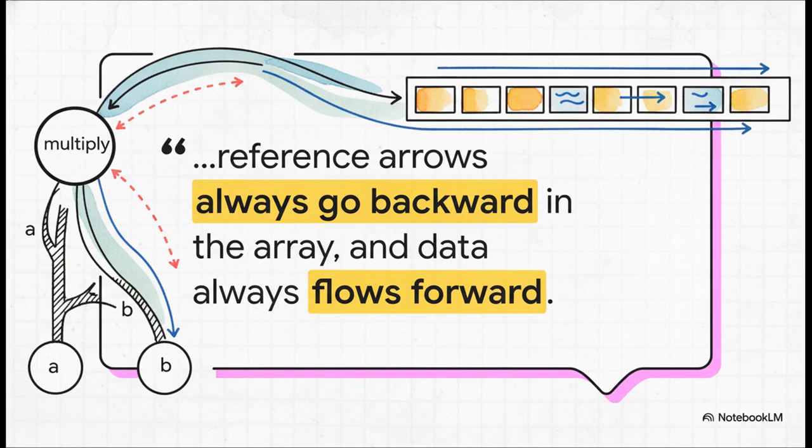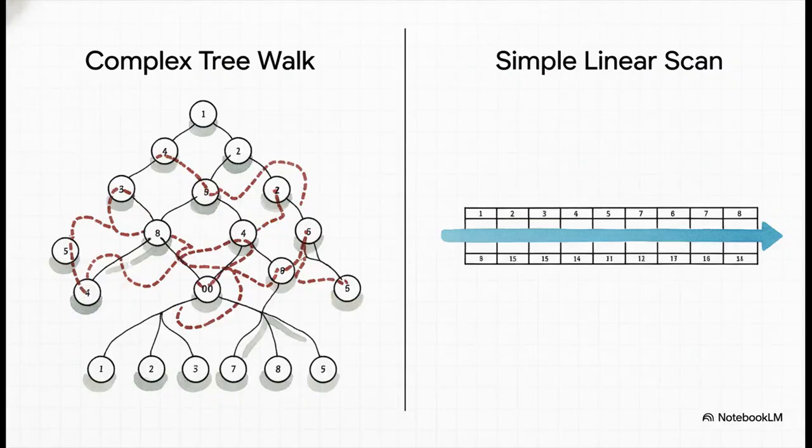In our flattened array, any reference from one node to another will always point to an earlier position in the array. The arrows always go backward. And that changes everything. We no longer have to perform a complex, recursive walk, jumping from a parent to its child and then back up again. We can simply start at the beginning of the array and scan forward, one element at a time, knowing that by the time we get to any parent node, we will have already processed all of its children.